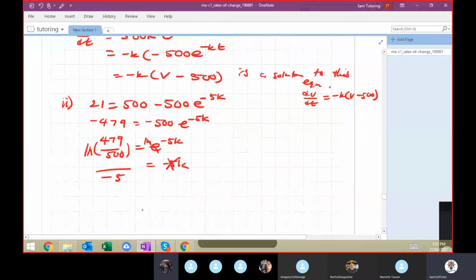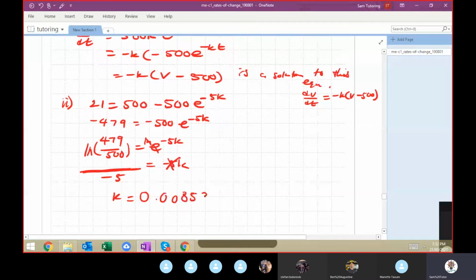But I thought you couldn't log a negative number. No, you're logging 479 on 500. The two negatives disappeared, didn't they? It's log negative 479 over negative 500, but the negatives will just cancel out. And then k equals 0.0085815, and so on.